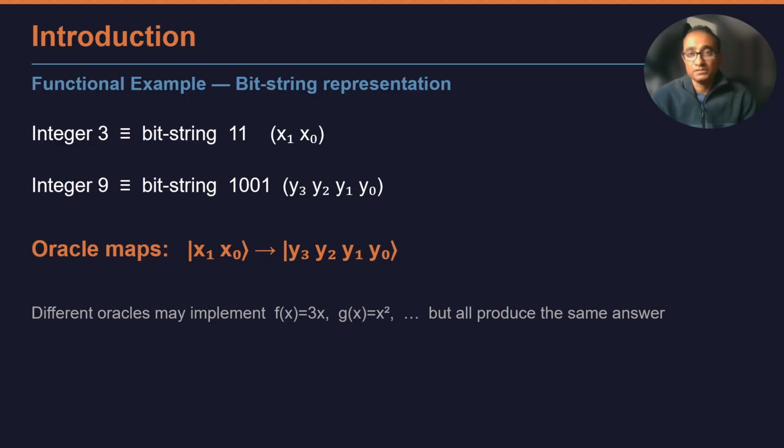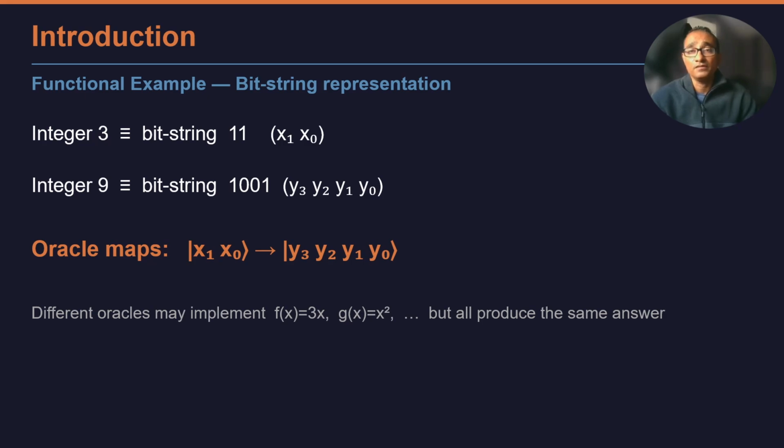We can extend this implementation to a bit string representation. So an integer 3 in a bit string can be represented as 1, 1. An integer 9 in the bit string can be represented as 1, 0, 0, 1. And since we start reading from the right hand side, that's why x0 is on the right side and x1 next, and that's how the number is being written.